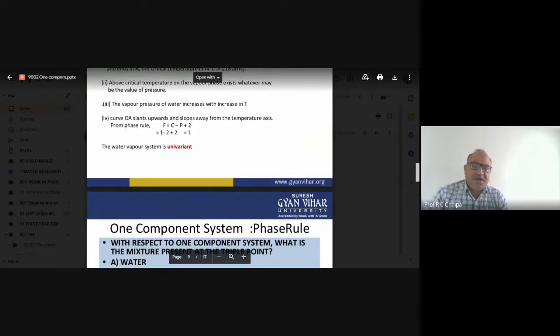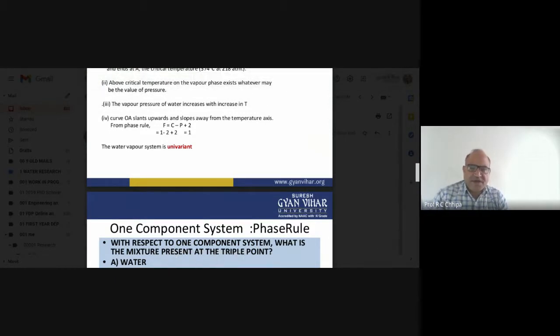So what happened? The degree of freedom F can be found with the help of the formula F is equal to C minus P plus 2. So for the curve OA, F is equal to C minus P plus 2.